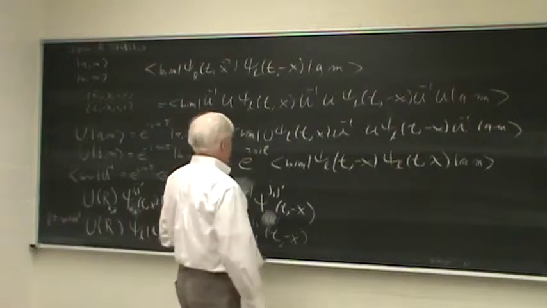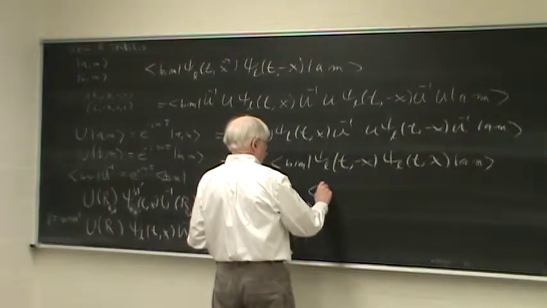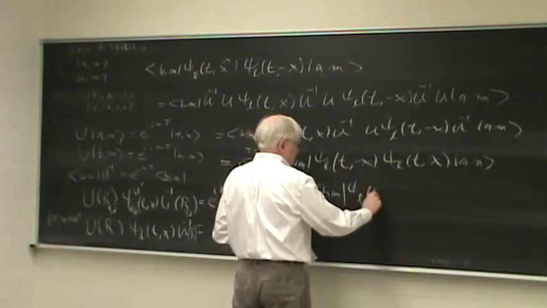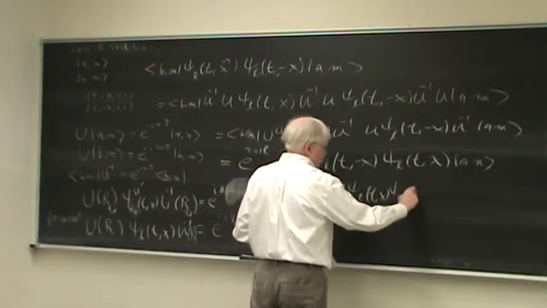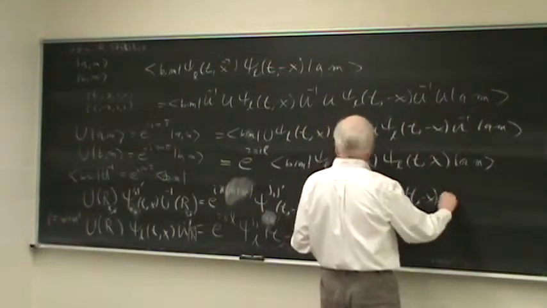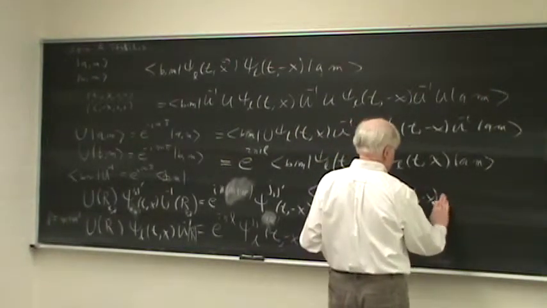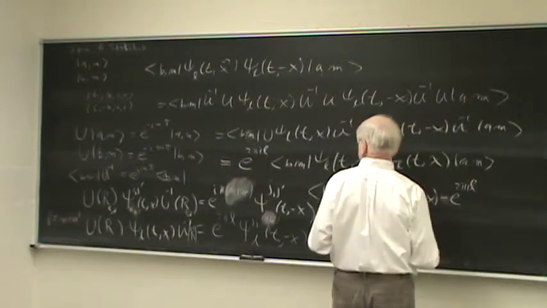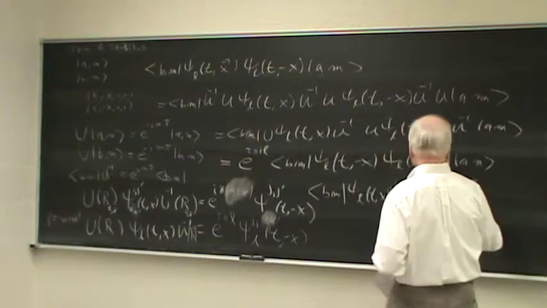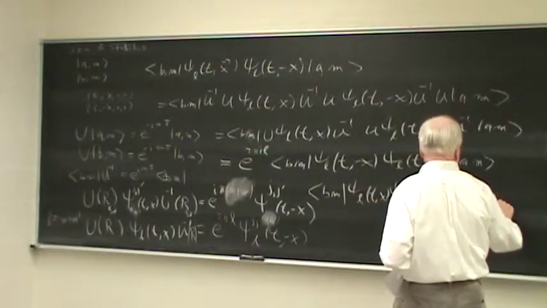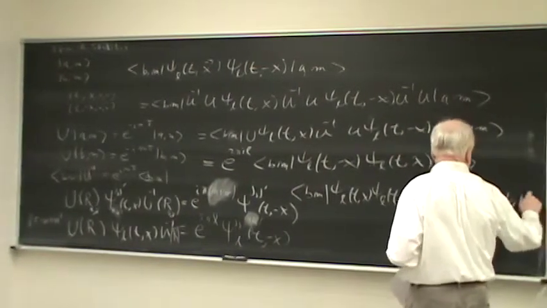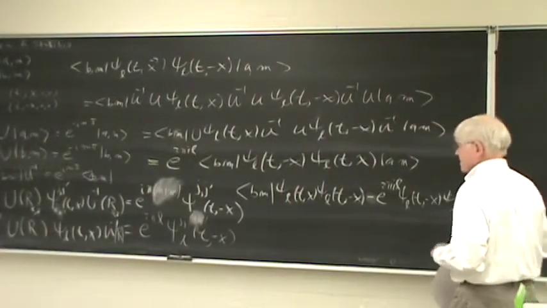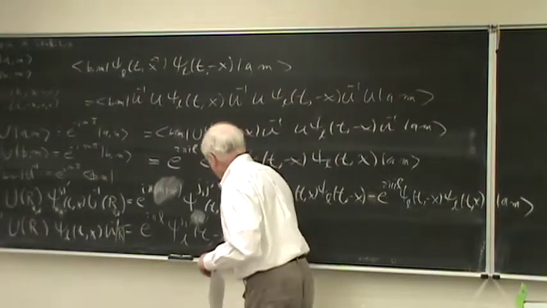And so what we get then is that B_m psi_L(t, x) psi_L(t, -x) minus e to the 2 pi i L times psi_L(t, -x) psi_L(t, x) A_m. The sum of these two is 0.